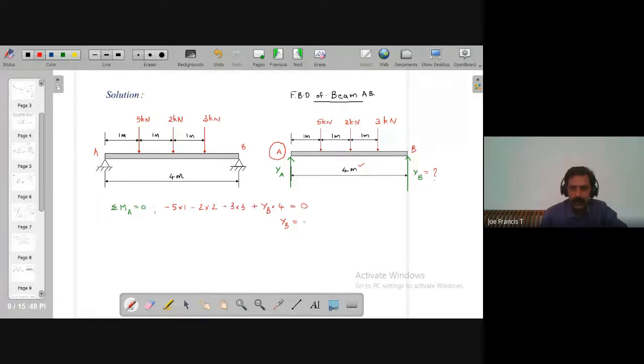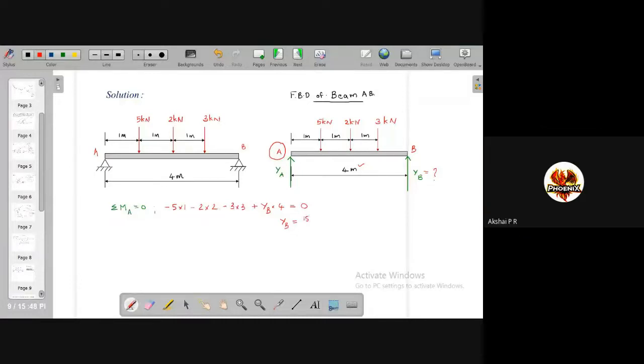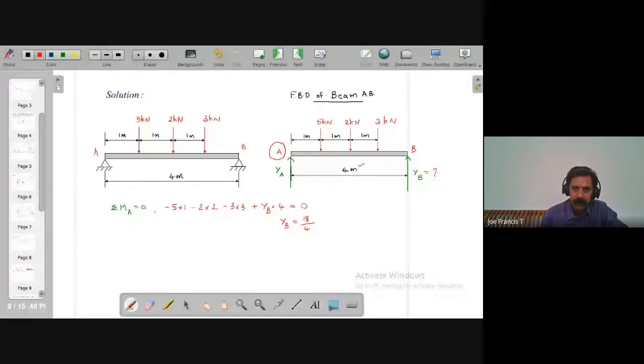Right, 18/4? Yes. So it will become 4.5 kilonewton. Okay.